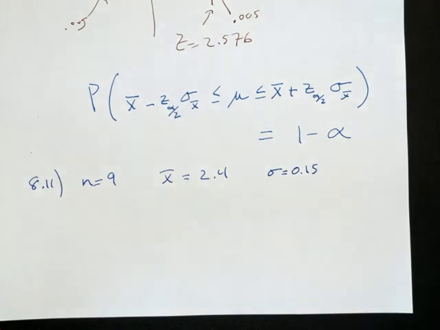So, if I wanted to be 90% confident, what is the confidence interval for the true mean? Remember, I took a sample and I said the average is 2.4. But I'm 90% confident that the average is between what and what?